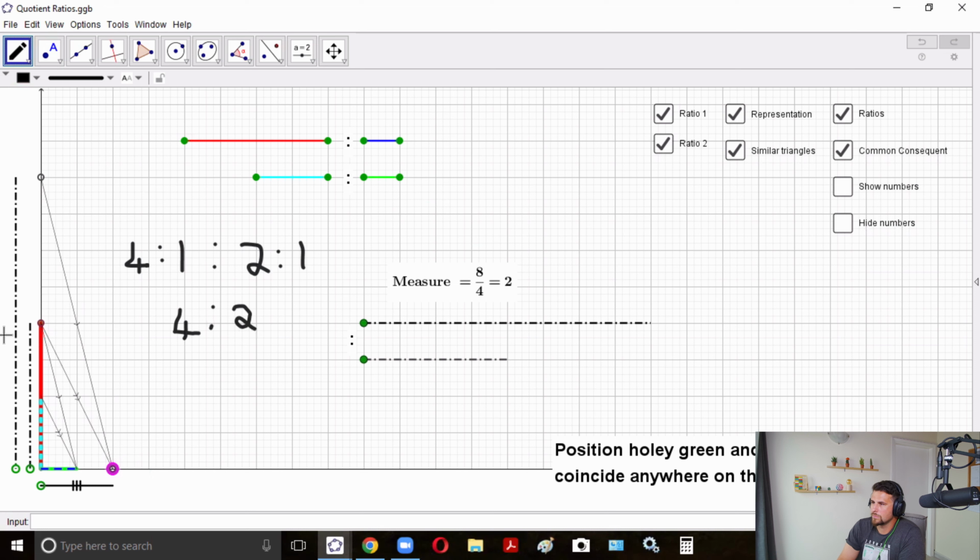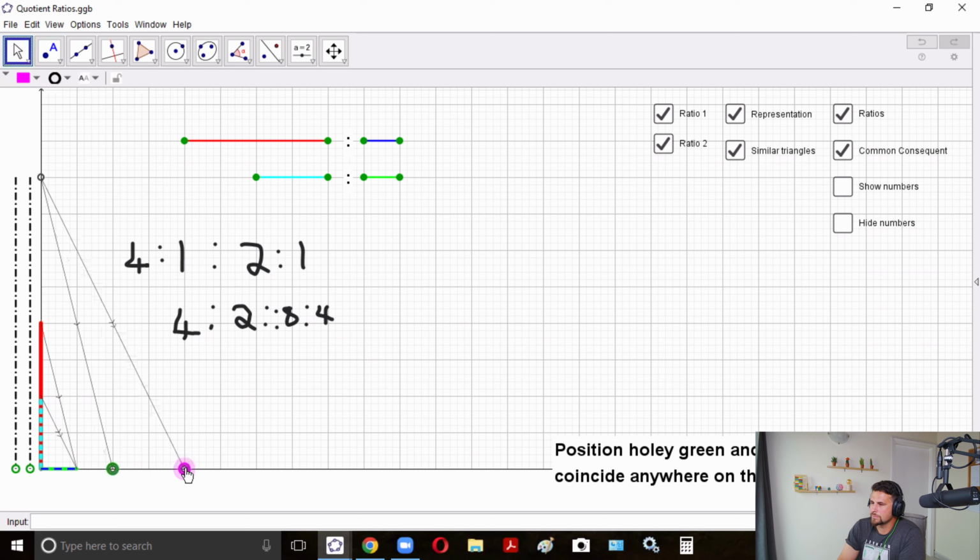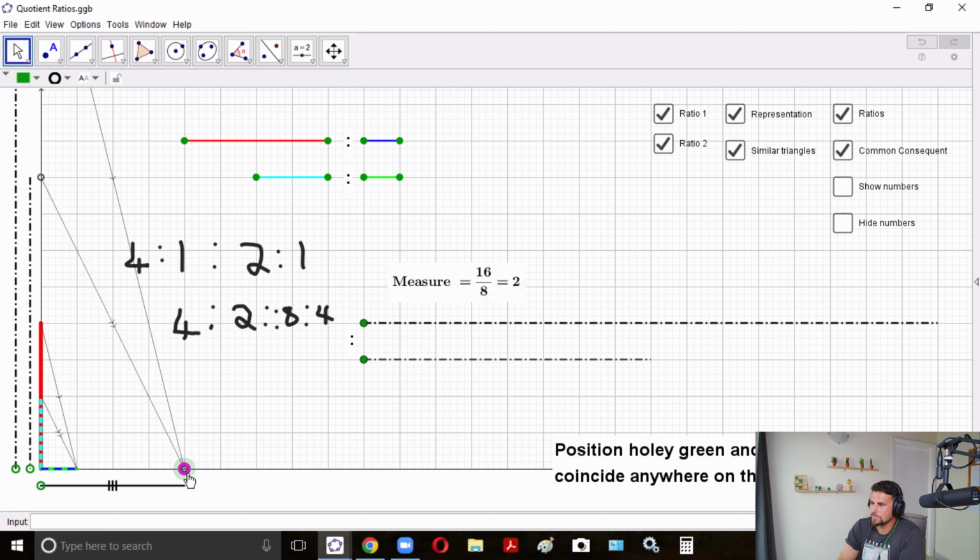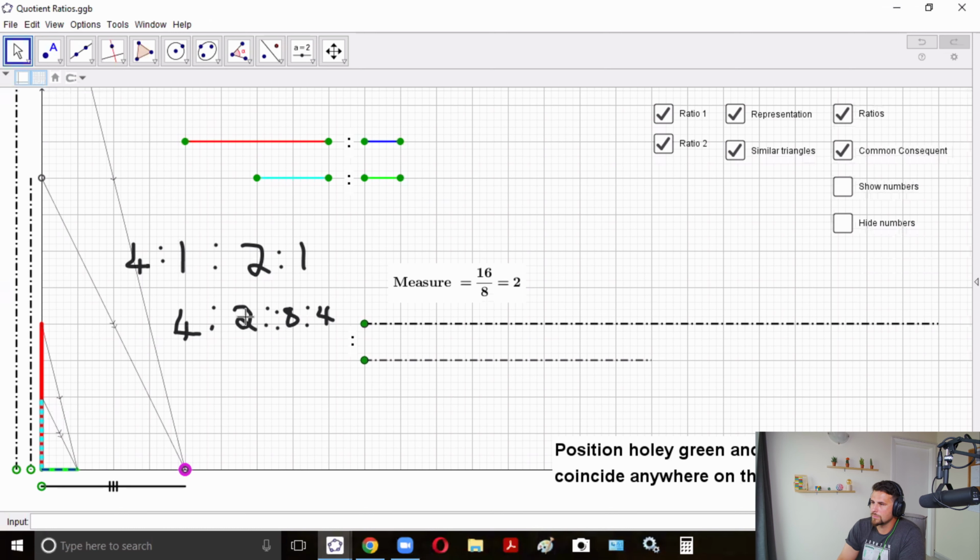And of course, 8 over 4 is proportional to 4, 2, isn't it? Okay, or any other ratio. So we can move it over here, and now we've got 16 over 8, and this is also proportional to 4, 2, okay? So I'm not going to worry anymore about this.